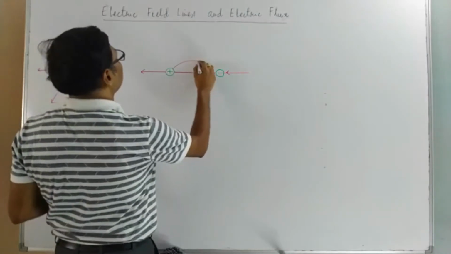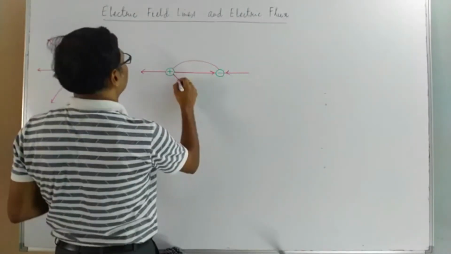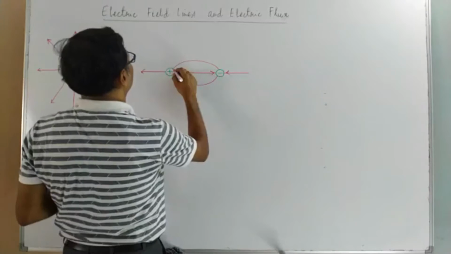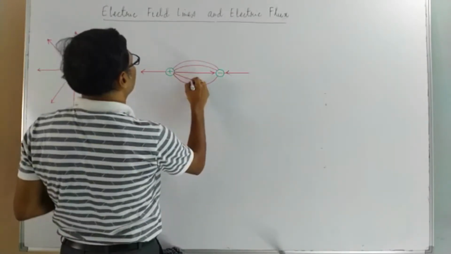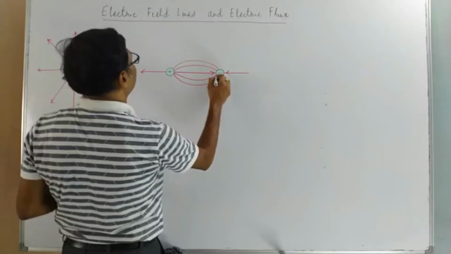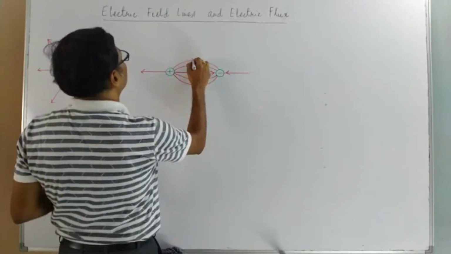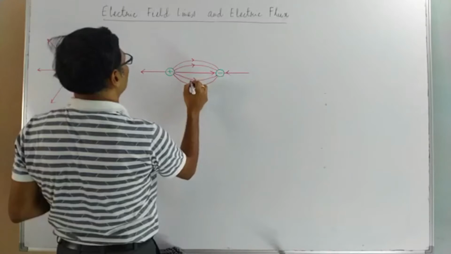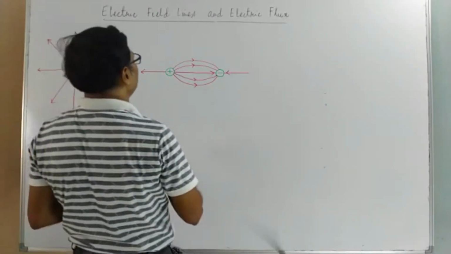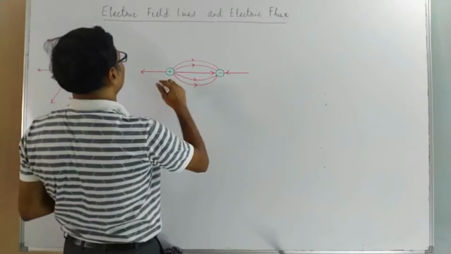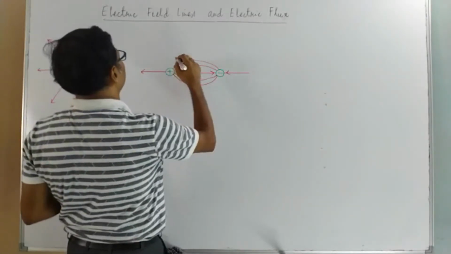So you can see that lines of force start from positive charge and end on negative charge.